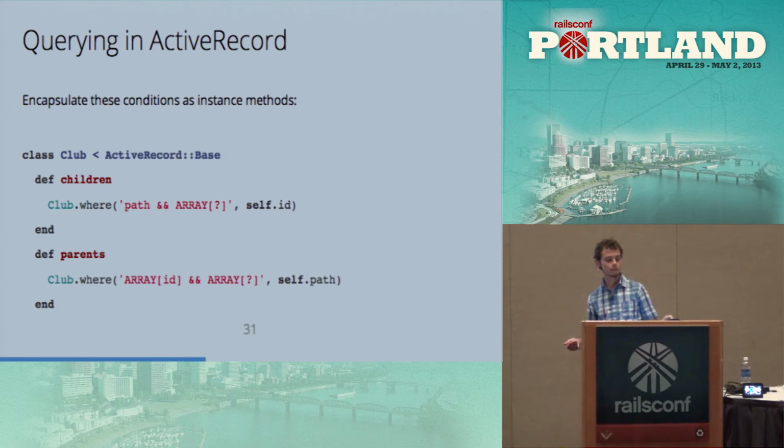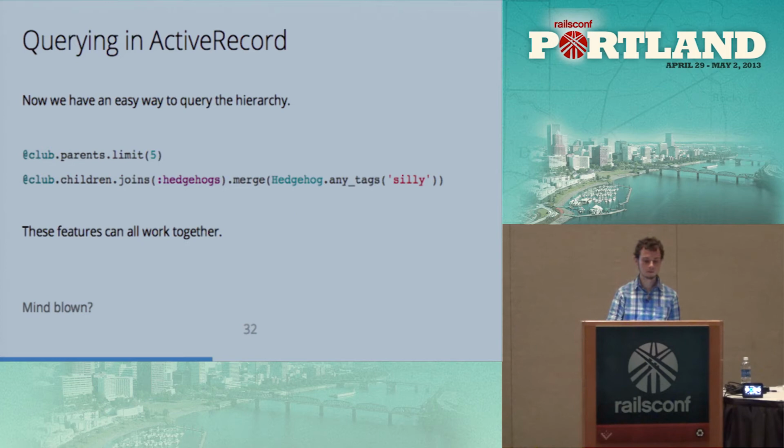So here we're going to use the children and the parents methods, and they're using the same logic as I showed previously. And in each case, they're going to pass in their own ID or their own path, respectively. What this lets you do is you've now taught ActiveRecord something about how to query hierarchies. So you can use it just like any other ActiveRecord method. You can chain it. So you can now do things like say, I want all the parents, but I only want 5 of them.